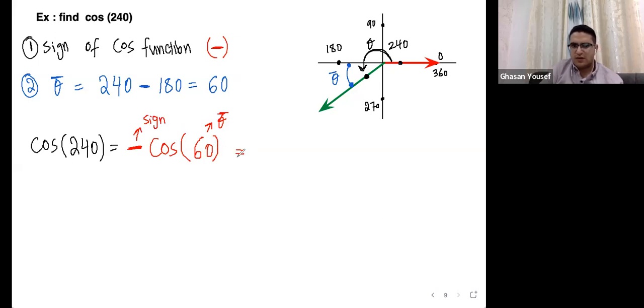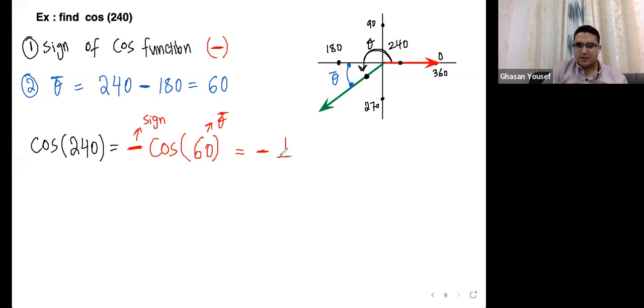Now, what's the cosine of 60? From the table in the beginning of this lecture. What's the cosine of 60? The cosine of 60 is 1/2, correct.